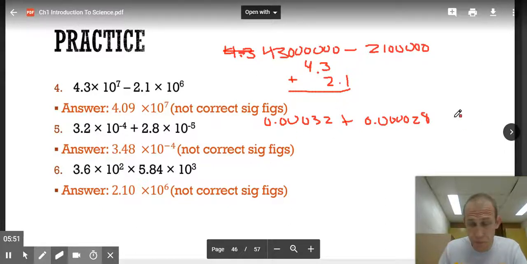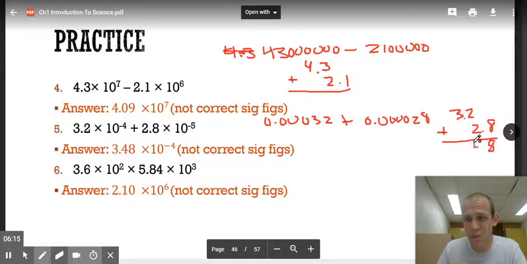So I would have to write out 3.2. Now that has 4 zeros going this way. Then 2.8 has 5 zeros going that way. So those zeros are actually pushing it further this way. So I would be adding it like this.